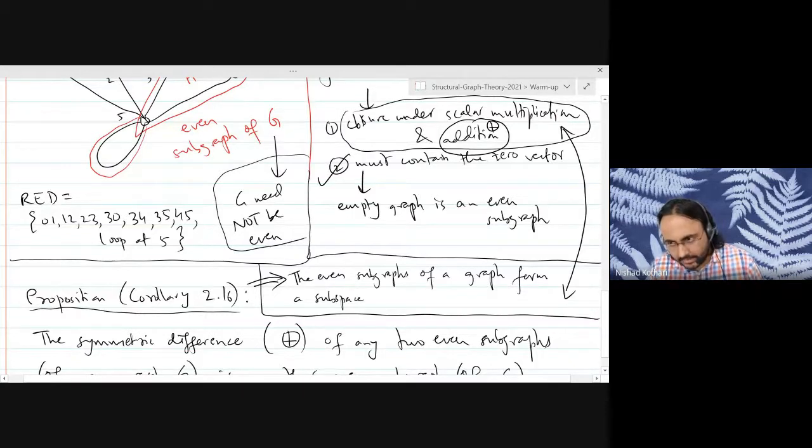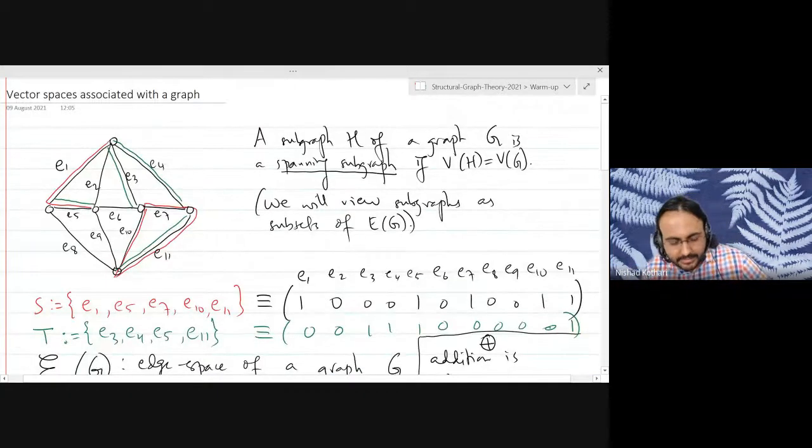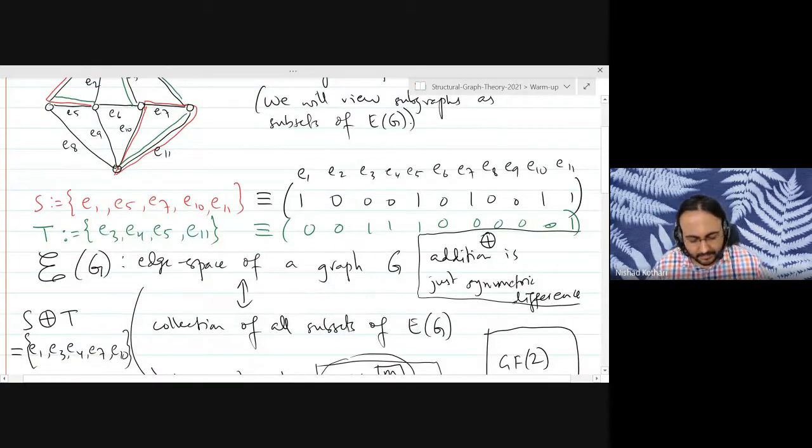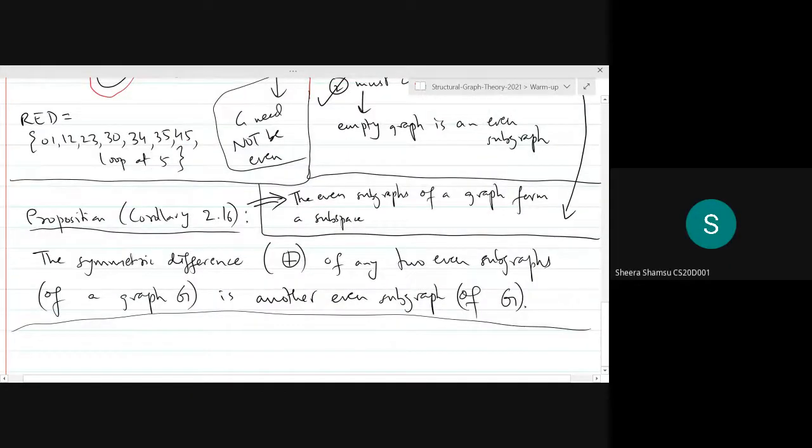So it's taking the union minus the intersection. If you go back to our example, it's the union of the red and green edges minus the intersection of the red and green edges. Does it answer your question? Yes, sir. Okay.